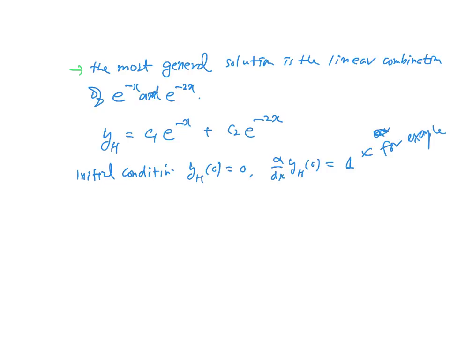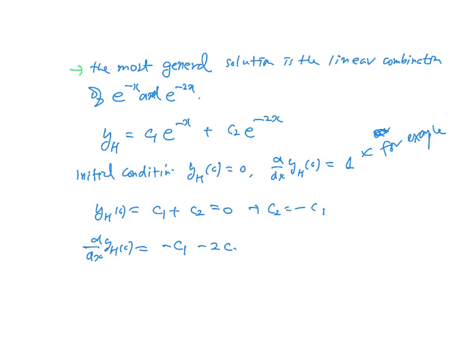Then yh(0) is c1 plus c2, which is 0, so c2 is minus c1. And dyh/dx at 0 is minus c1 minus 2c2, which is equal to 1. Or you can put this into this.